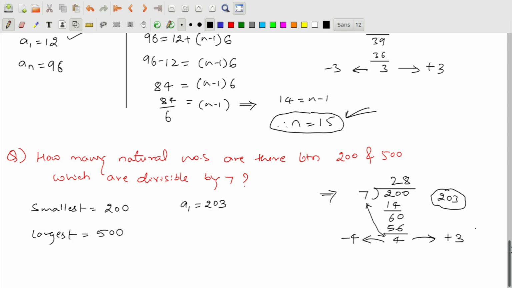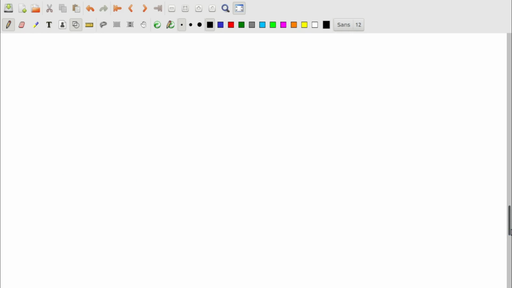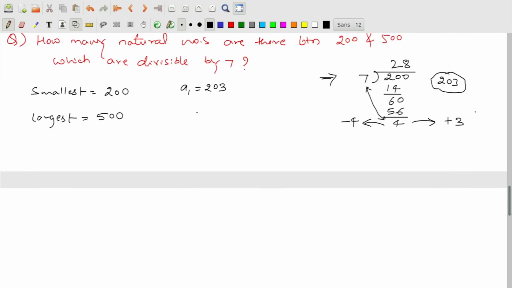Then what is the next step? Again the same: take the next number, that is your 500, and divide it by 7. How much did you get? 3 here. So what are the options?